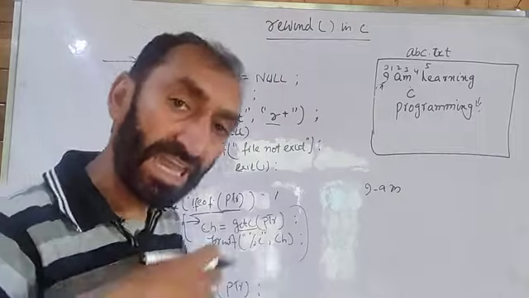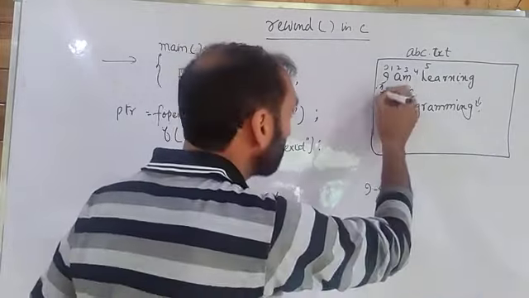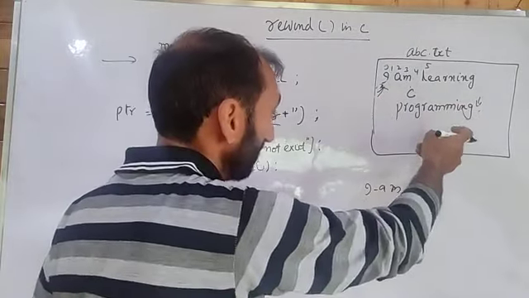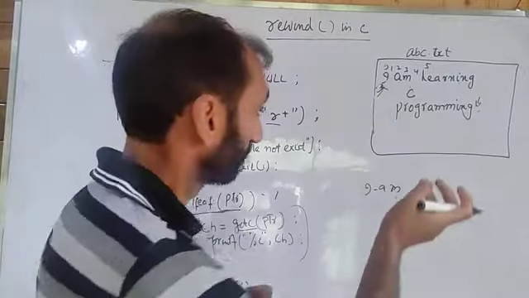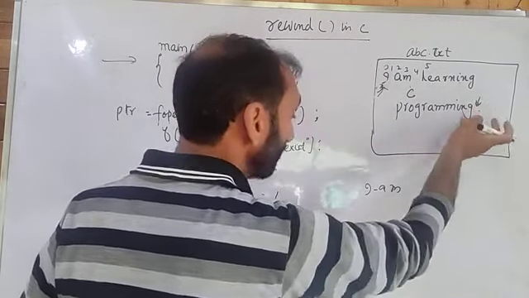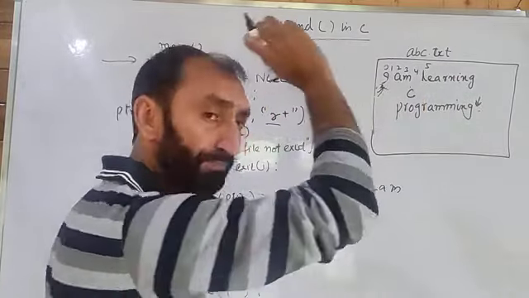But if we want to read this file again from the beginning, how can we move this cursor from the end to the beginning?